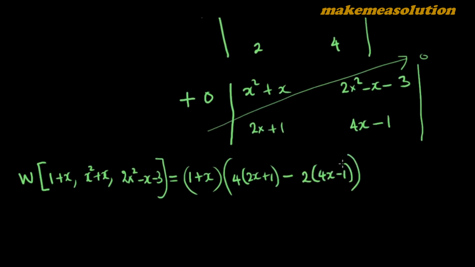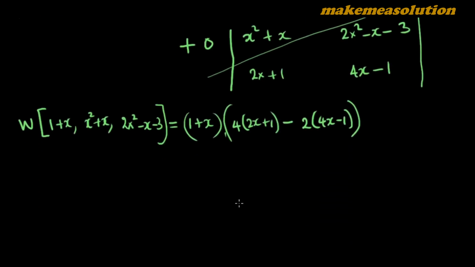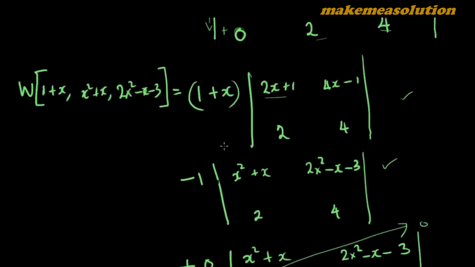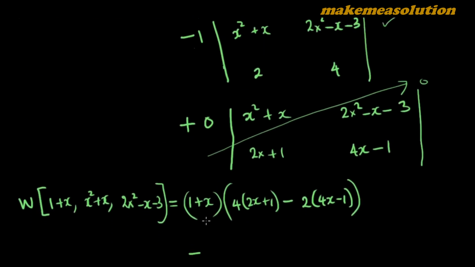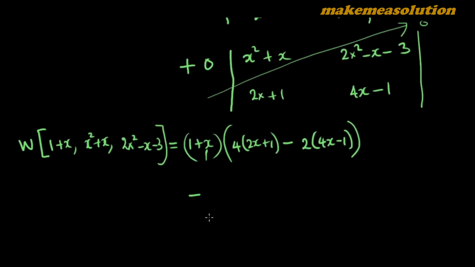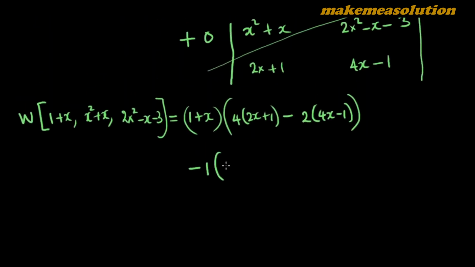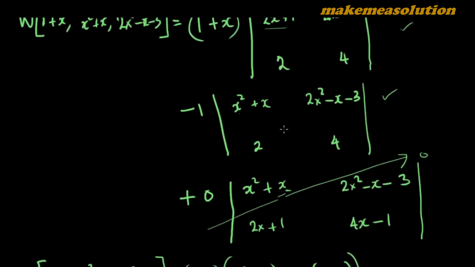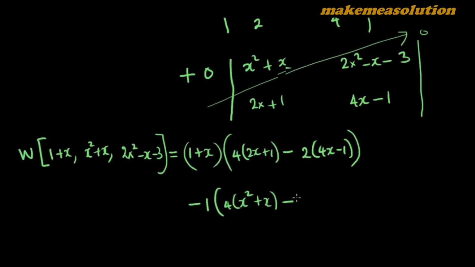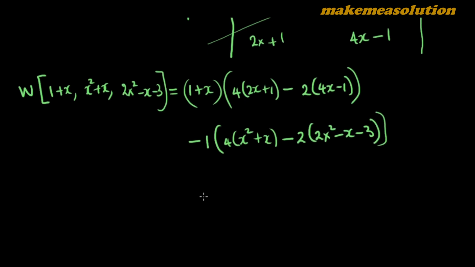Then minus 1 into 4 into x squared plus x minus 2 into 2x squared minus x minus 3. Is that okay? So let's solve.